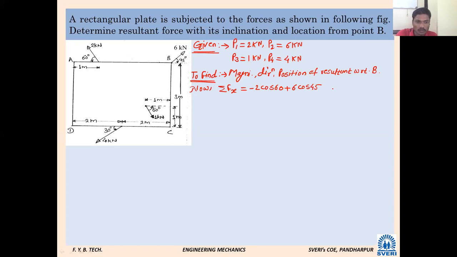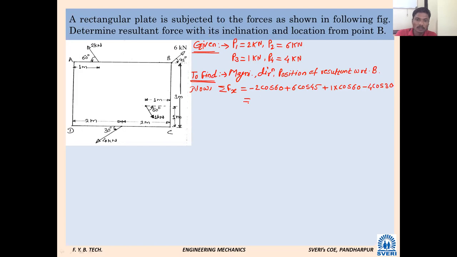Next force, 1 kilonewton: plus 1 cos 60. Very good. Correct. Next, -4 cos 30. According to me, all forces you have resolved correctly.